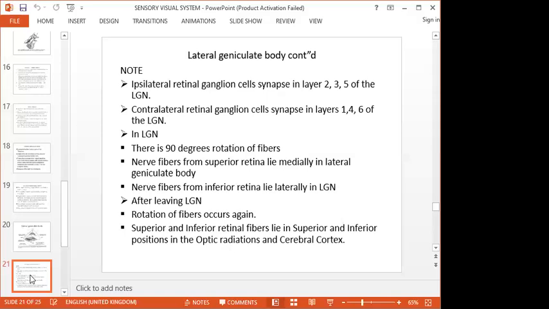If ipsilateral goes in 2, 3, 5, the others will be 1, 4, and 6, the layers.